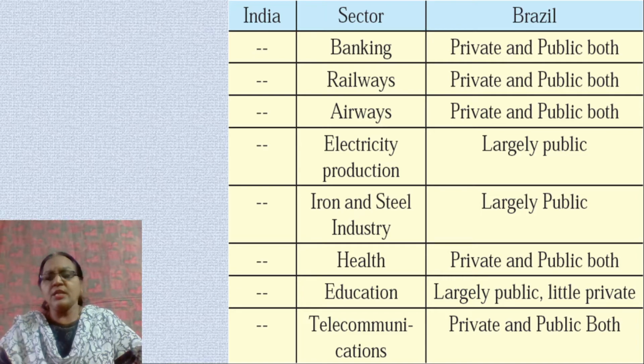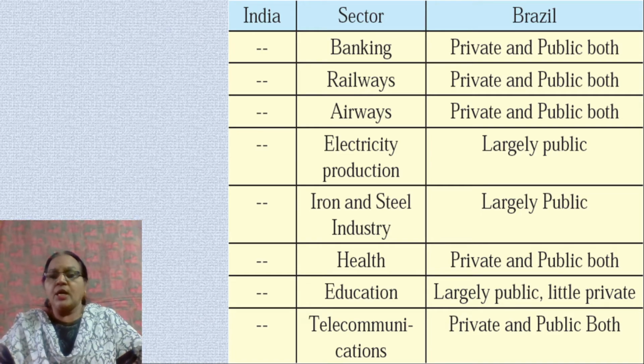Electricity production in Brazil is largely public. In India, it is run both by the private as well as by the public sectors. Iron and steel industry in Brazil is largely public sector, but in India it is run both by the private as well as by the public sectors.